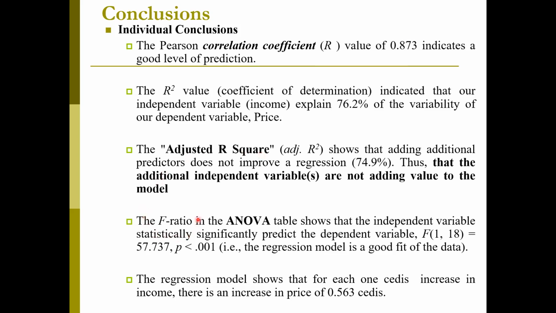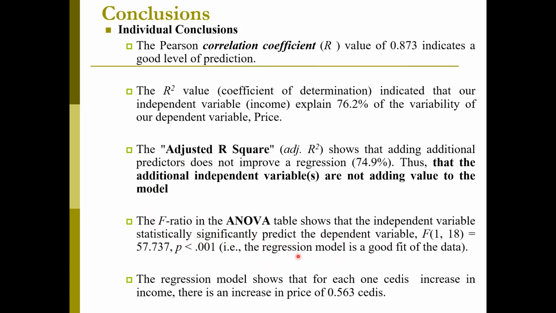Then you interpret the F ratio in the Anova. Remember, it is significant. So it shows that the independent variable statistically significantly predicts the dependent variable. And you can state this as has been stated.